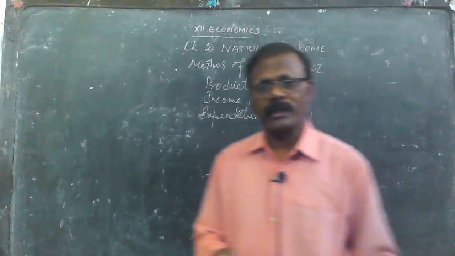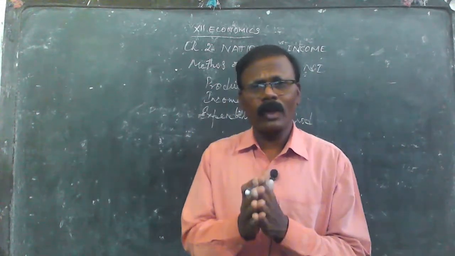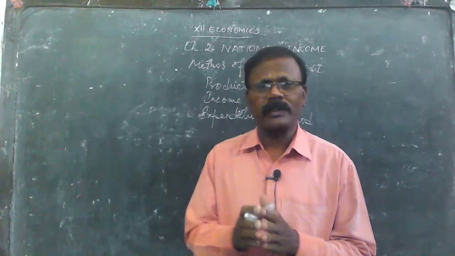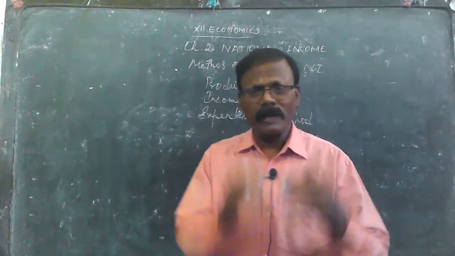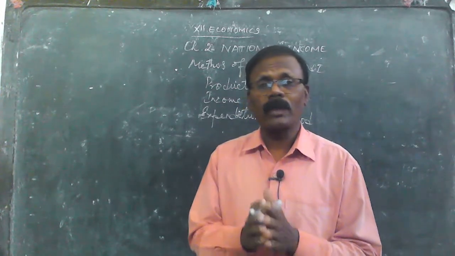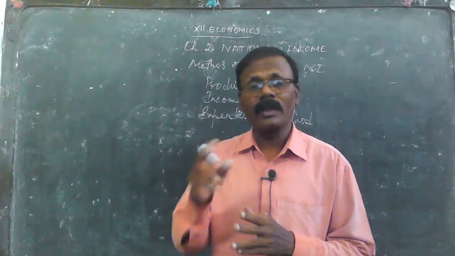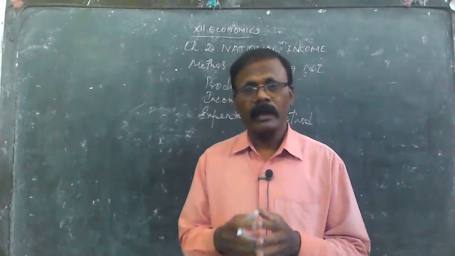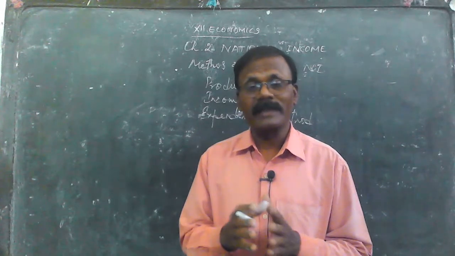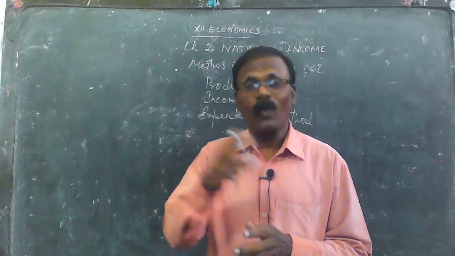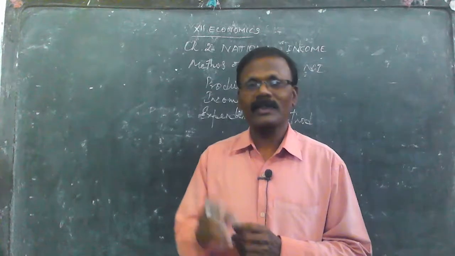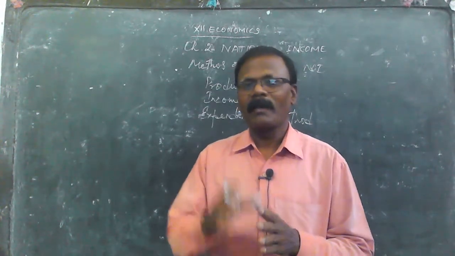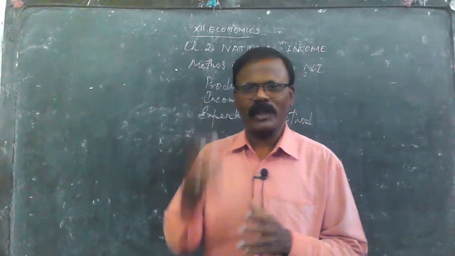Then, the aggregate value of the total output of these 64 commodities is taken to measure the gross value of the agricultural output. Understood? Then the net value of the agricultural output is estimated by making deductions.